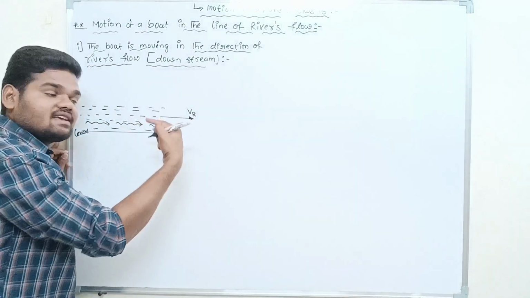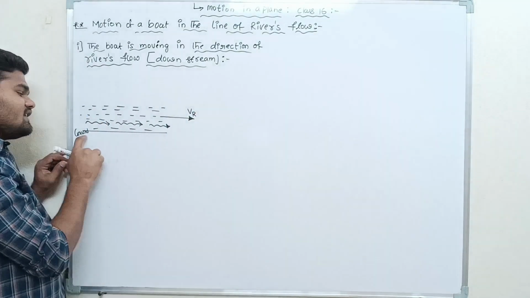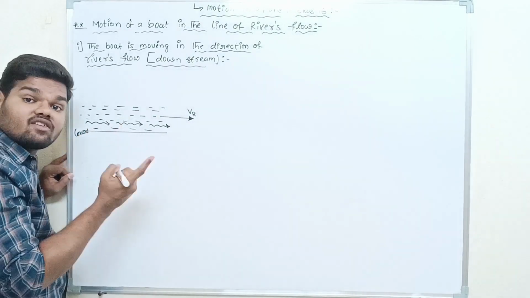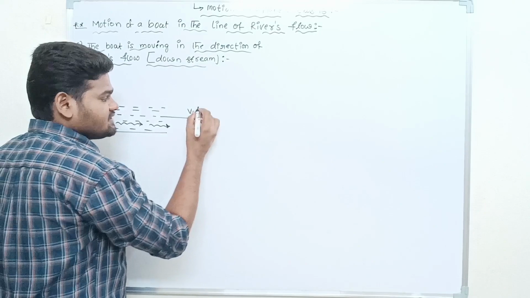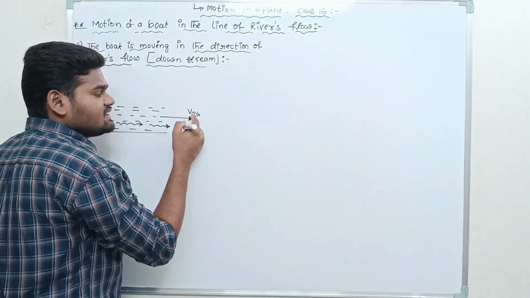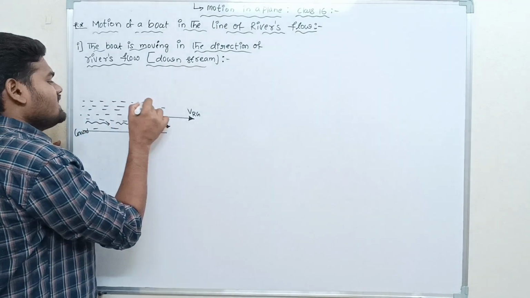Velocity of the river with respect to what? With respect to ground, because the river is flowing on the surface of the ground. So whatever the velocity of the river is, that is the velocity of the river with respect to ground.